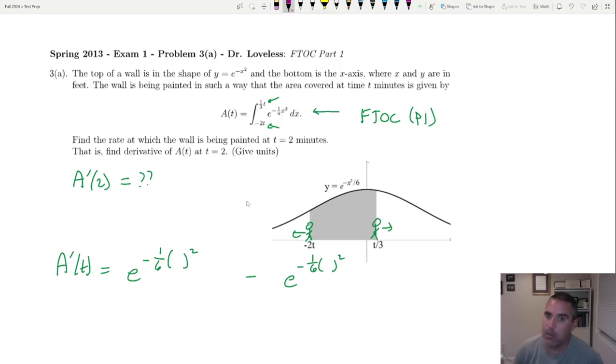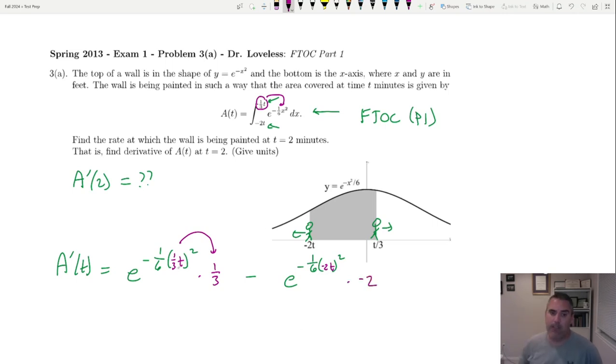It's just, do you remember the fundamental theorem of calculus part 1, which said, if you're taking the derivative of an integral, it simplifies. You have to substitute this in here and then multiply by the derivative of that, which is 1/3. And we talked about why and what this means. And then you have to do minus, you put this one in, negative 2t, then multiply times the derivative of the inside, which is negative 2.